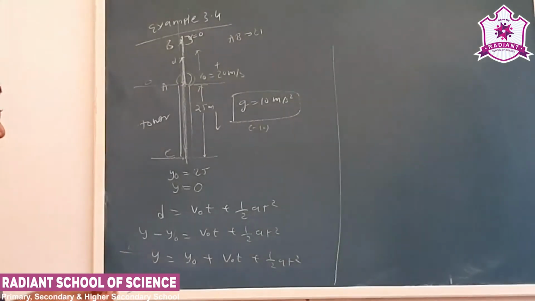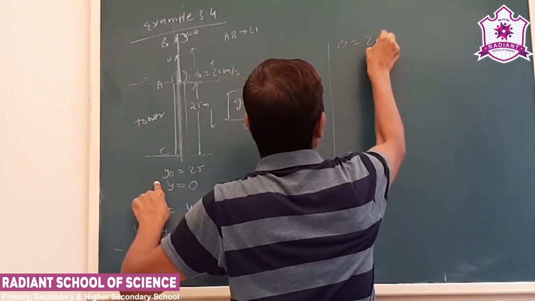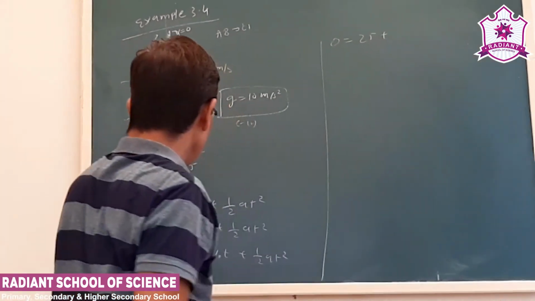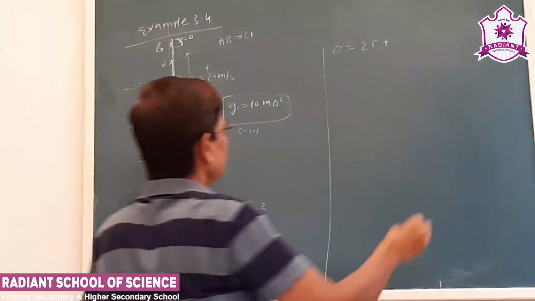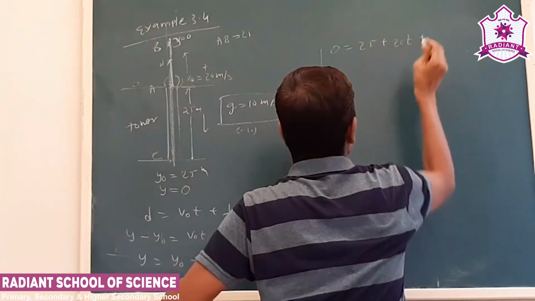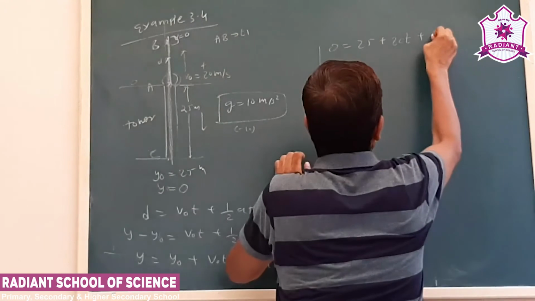Now by the given conditions, y0 is 25, v0 is 20 and a is minus g, that is minus 10.